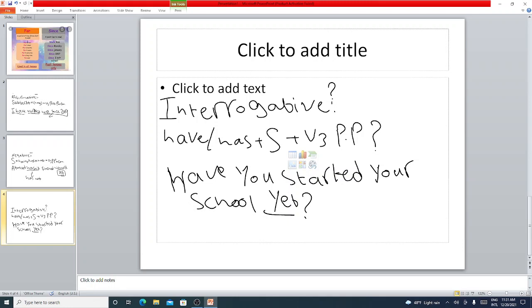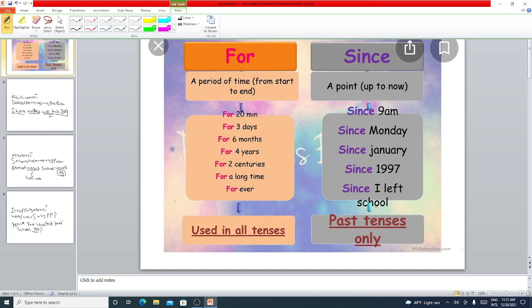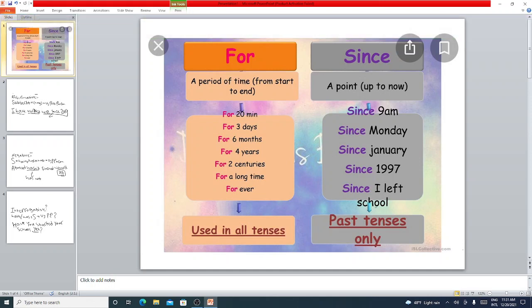Now, let's talk about the differences, or how can we differentiate between for and since, okay? So, we use for with a period of time from start to end, which means that there is a specific time, and this specific time comes to an end, okay? It doesn't continue to the present or up to date, okay?